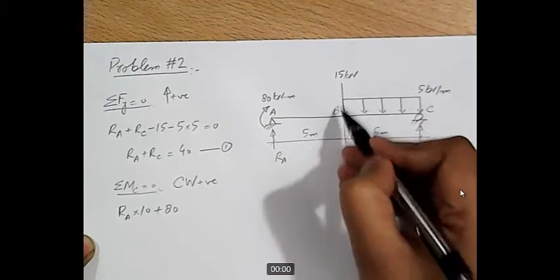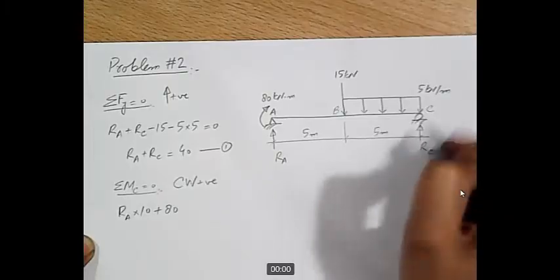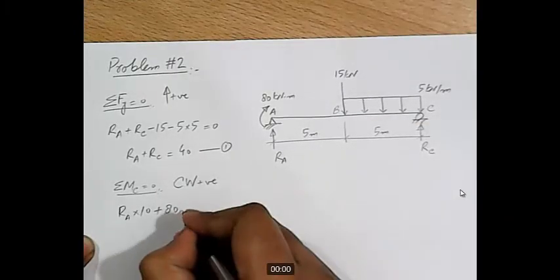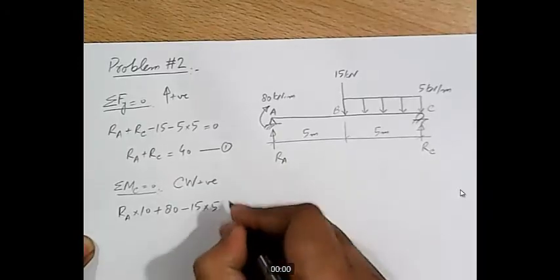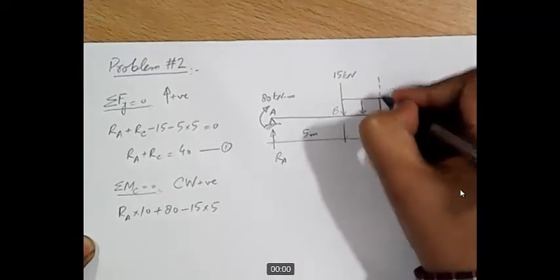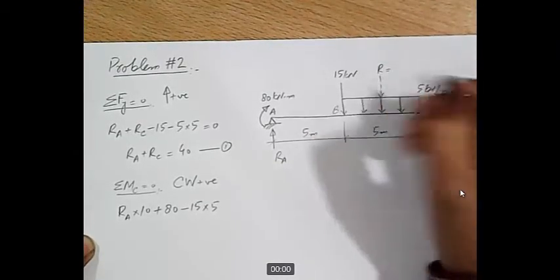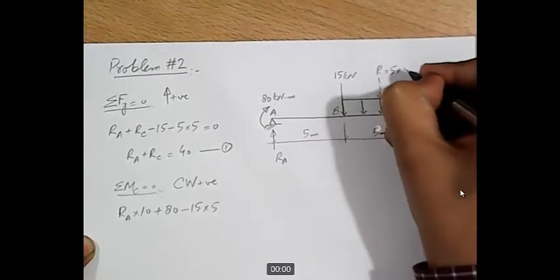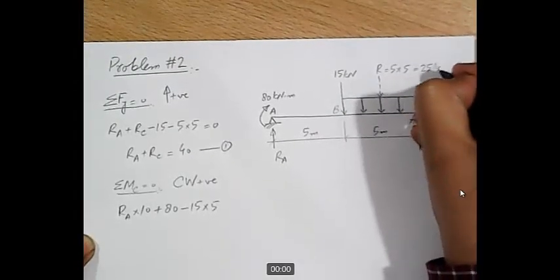And then this point load 15 kilonewton, lever arm is 5, and it will produce movement in counterclockwise direction, so negative 15 into 5, and then resultant of this UDL, which will be acting somewhere over here, and the magnitude of the resultant will be 5 into 5 equal to 25 kilonewton.